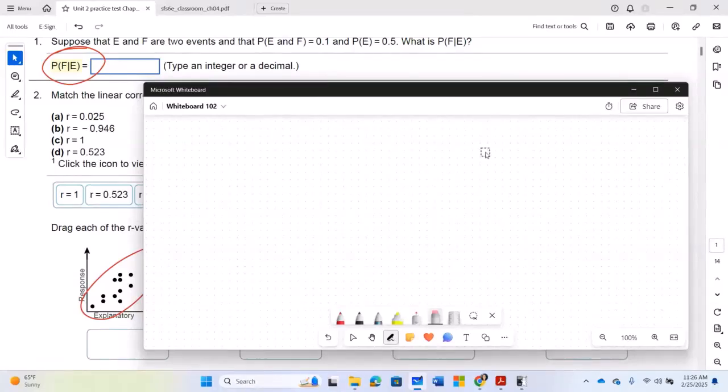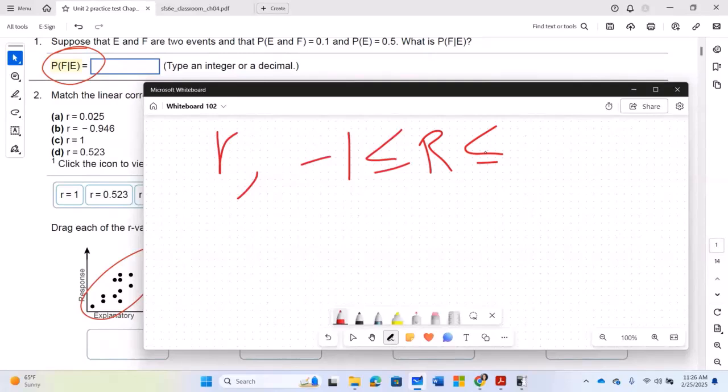Anyway, the coefficient of correlation is R, and the interval is from -1 to 1. So -1 is less than or equal to R, and R is less than or equal to 1.